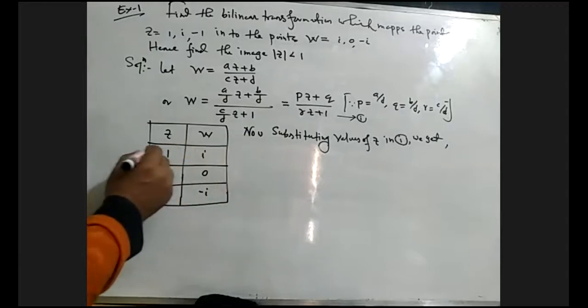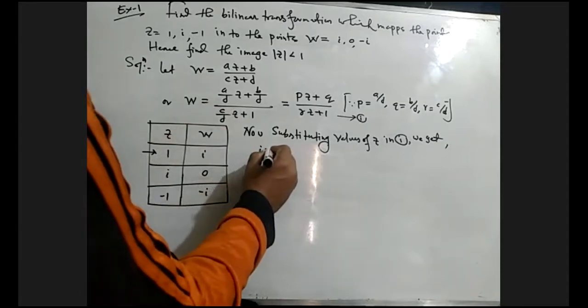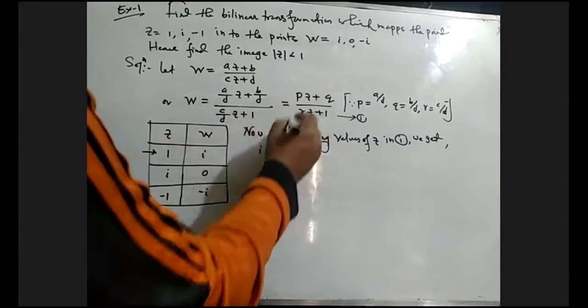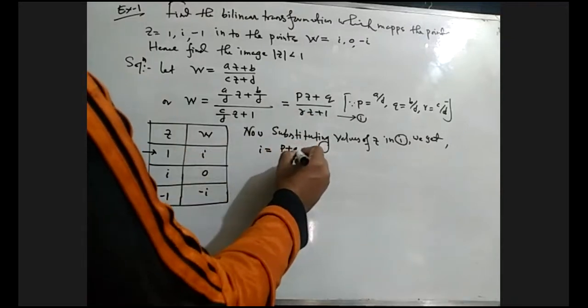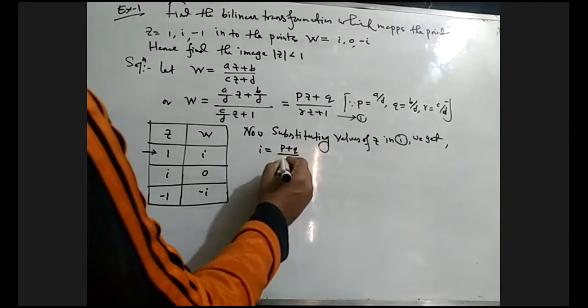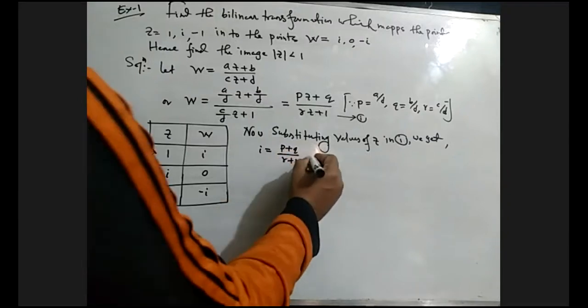Just for the first one, W equals to i, Z equals to 1, (P plus Q) divided by (R plus 1).